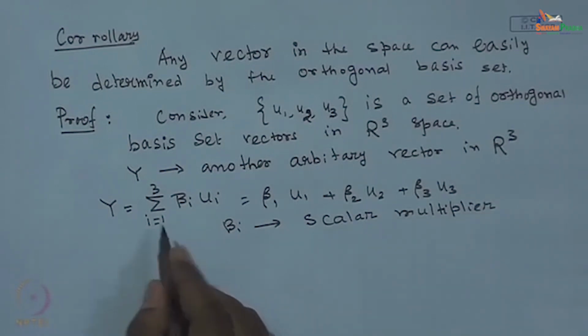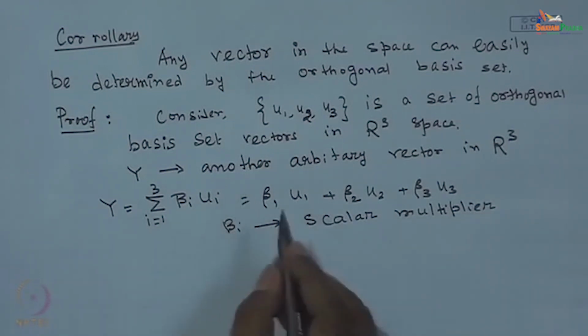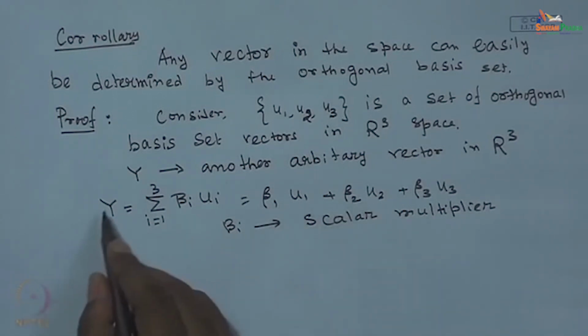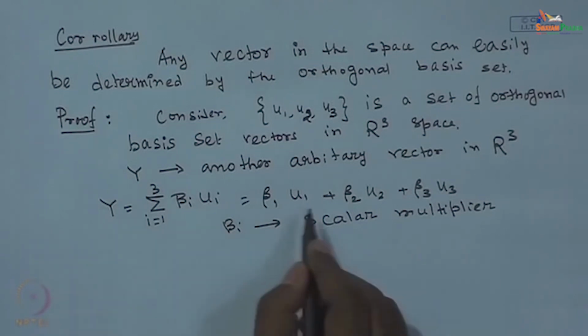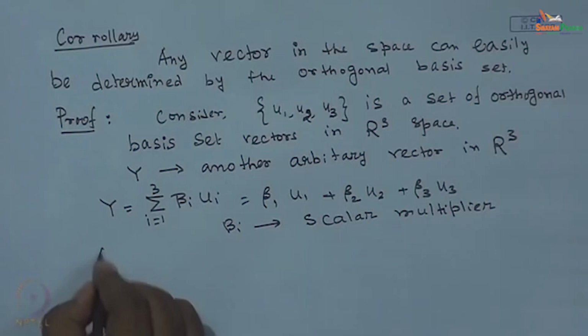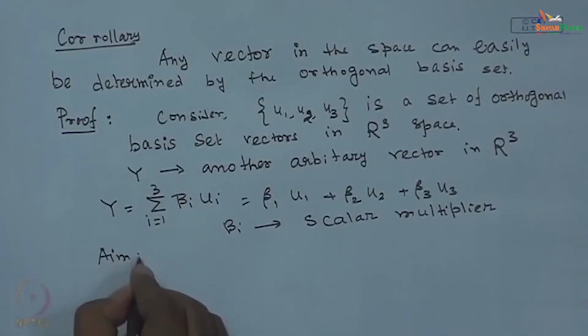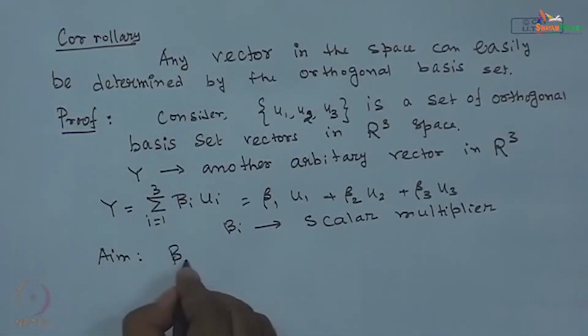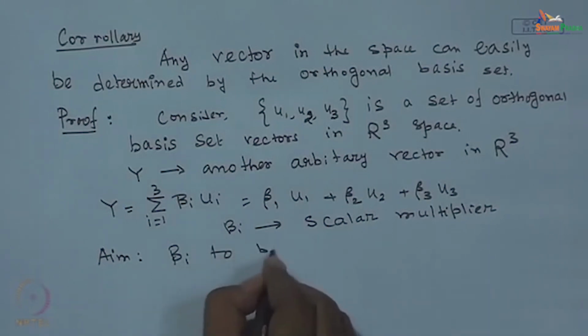So, our aim is to evaluate these individual multipliers, so that any vector in the space can be expressed as a linear combination of the basis set vectors. So, next our aim is that beta i is to be determined.